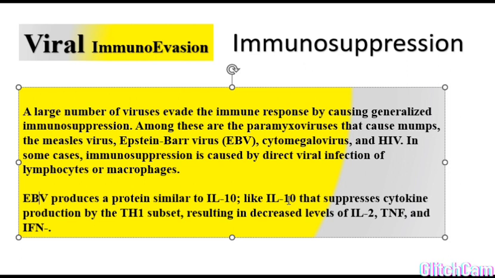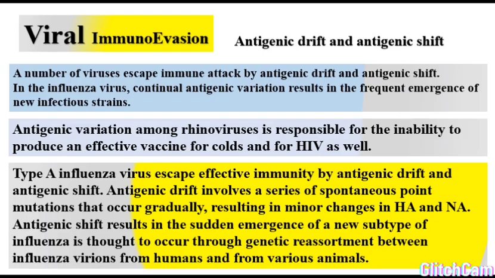And activated T helper 1 will produce interferon gamma, which has an antiviral effect. So the Epstein-Barr virus produces this material. It is IL-10 like, and this will suppress the expression or secretion of cytokines by other cells.